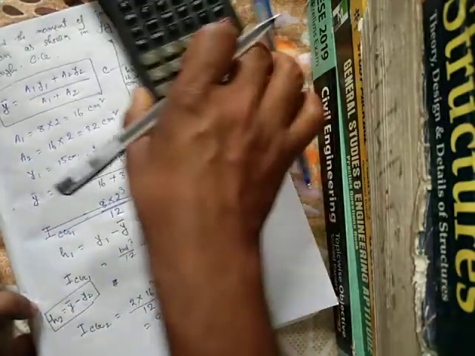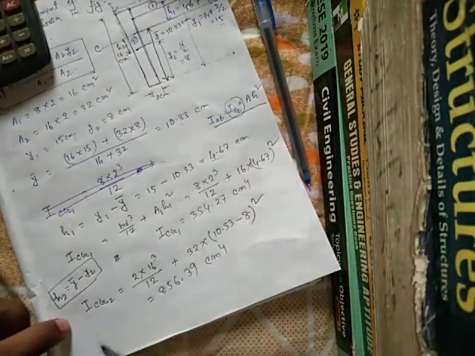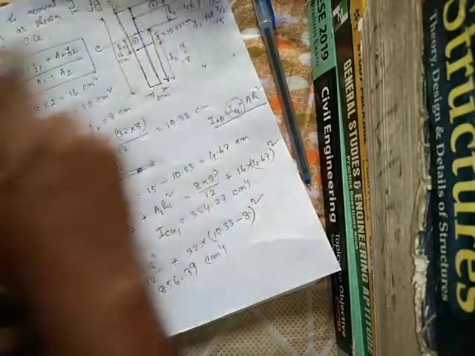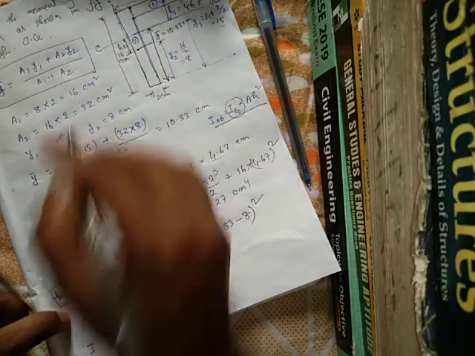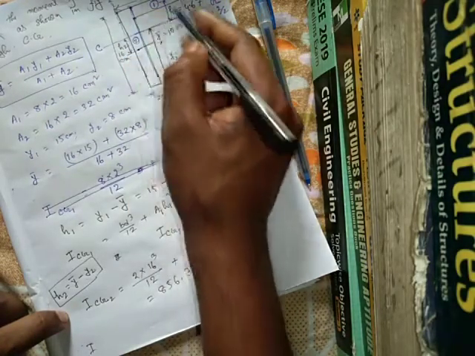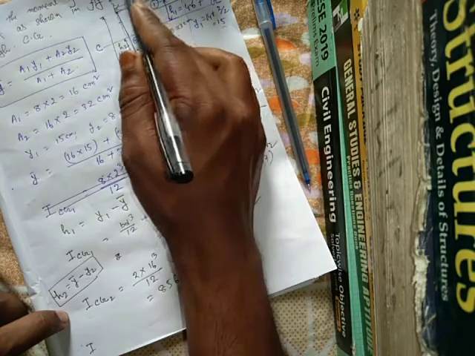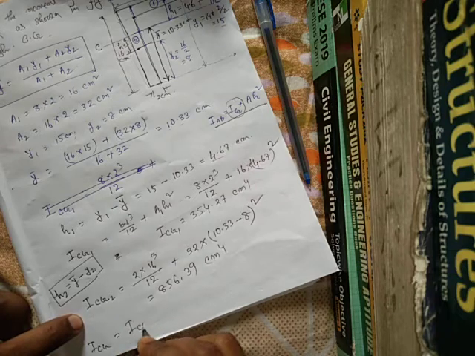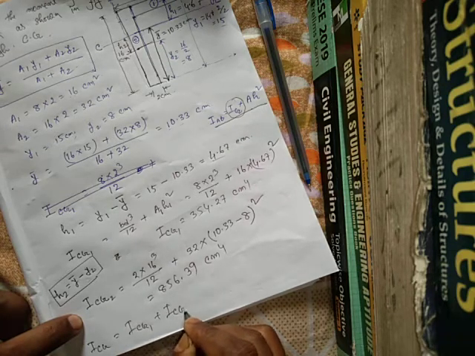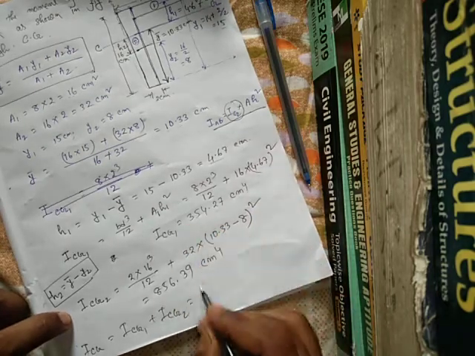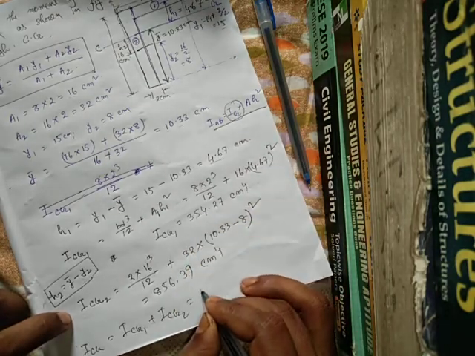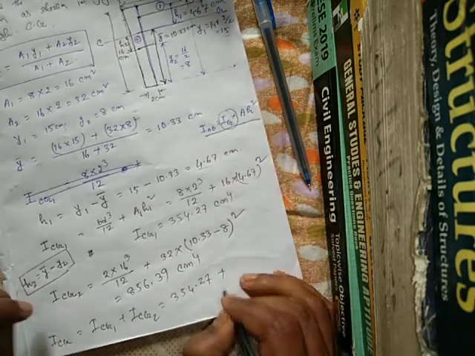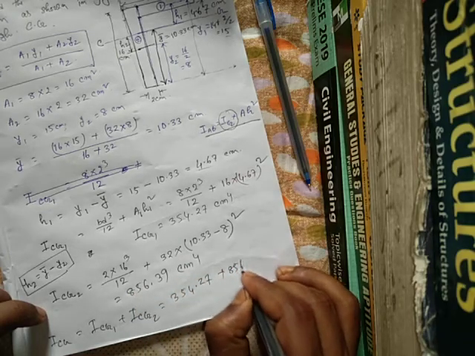So the moment of inertia of the whole angle section about the axis passing through CG will be ICG1 plus ICG2. ICG1 we have found is 354.27, and ICG2 is 856.39.